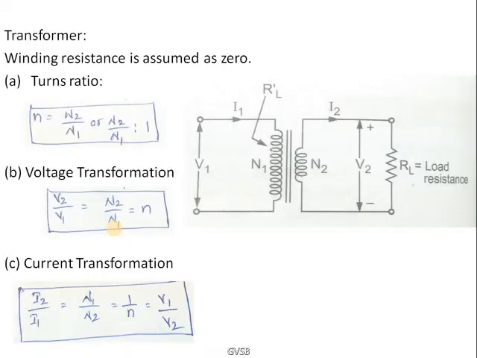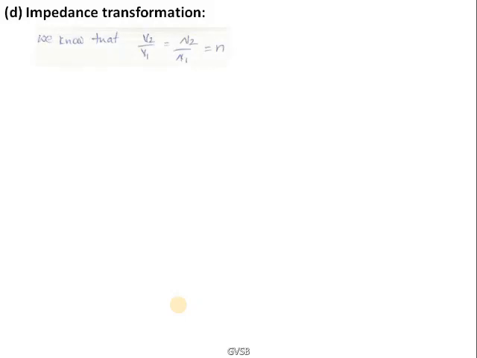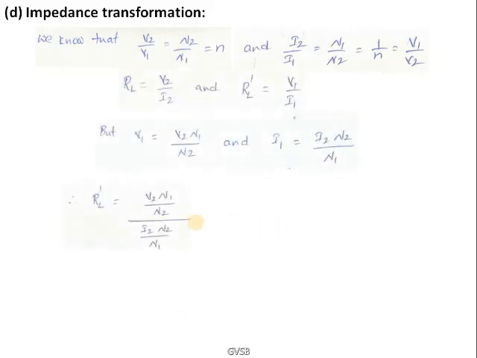As like how the voltage and currents are transforming from one winding to another winding, the impedance also transforms from one winding to another winding. And we know that V2 by V1 is equal to N2 by N1, which is voltage transformation equation, and I2 by I1 is equal to N1 by N2, which is the current transformation equation.